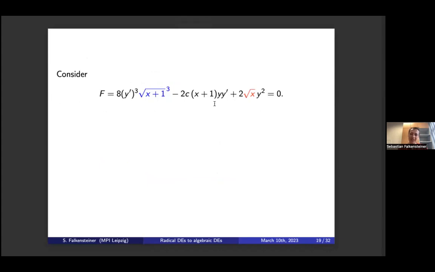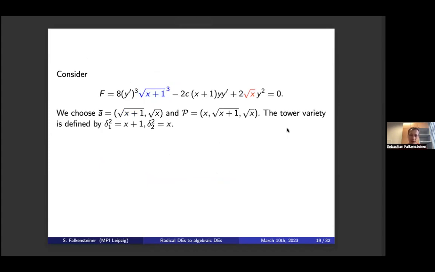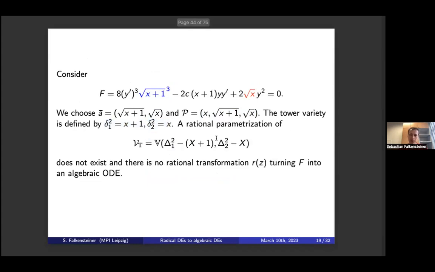If we slightly modify this example and add here a second root of a slightly different type than this one, then we have this radical parametrization of a space curve built with this tower, and here this variety, you can check it by hand if you want to do so, but maybe for now you just believe me, this cannot be rationally parametrized.